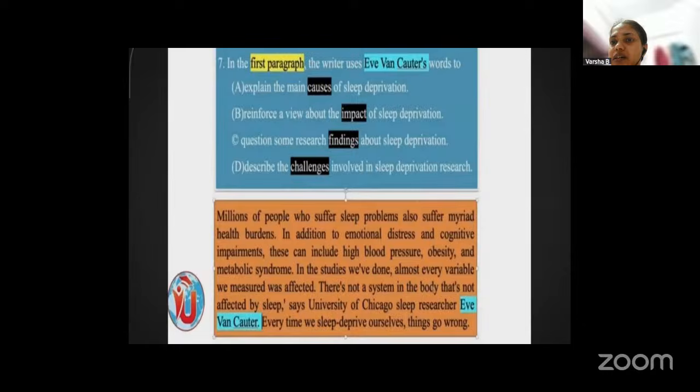It is written: there's not a system in the body that's not affected by sleep, says University of Chicago sleep researcher Eve Van Cauter. As per the strategy, if there is a subject complement between two commas, we ignore it and simply read the sentence. So we will get the idea of what Van Cauter says. The next slide, please.